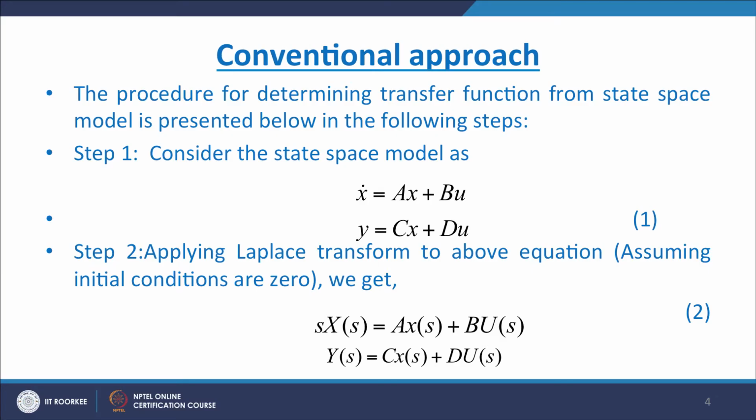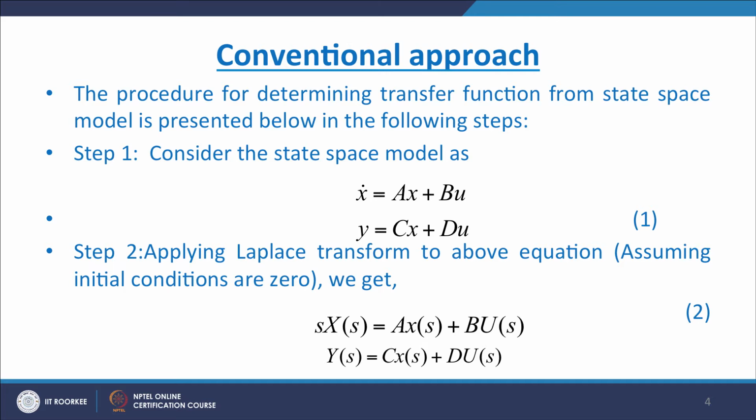Now, how do we get the transfer function model when the given model is in state space form? So, let us see. Here we have the model x dot equal to Ax plus Bu and y equal to Cx plus Du. So, consider the state space model like this.